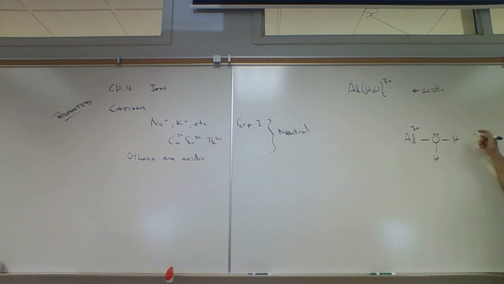And so it's going to make these hydrogens much more positive than they normally are in water. If we compare it to neutral water, there isn't anything sucking the electron density away from water, and so the amount of positive charge that's built up on the hydrogens is considerably less. And so it makes these much more acidic than in normal water.